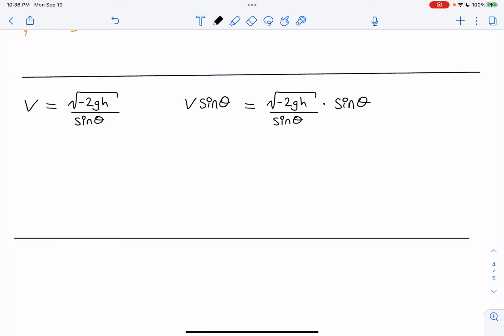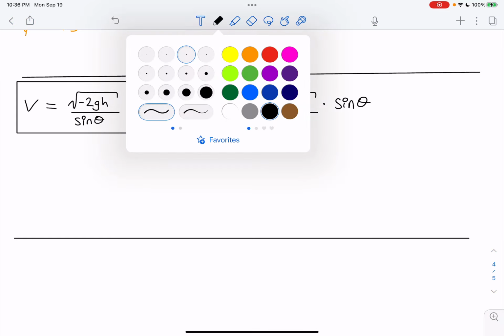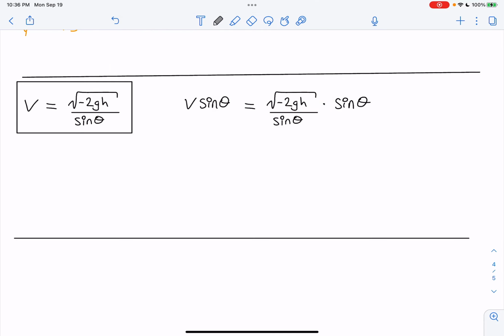Okay. Just going to draw a little box around this. Keep it separate. Okay. And so why did I do that? Well, I want to do that to cancel this term. Okay. So I'm canceling those two sine terms.